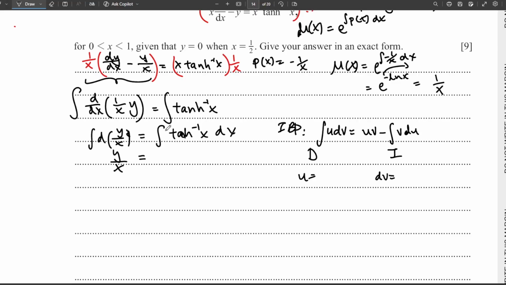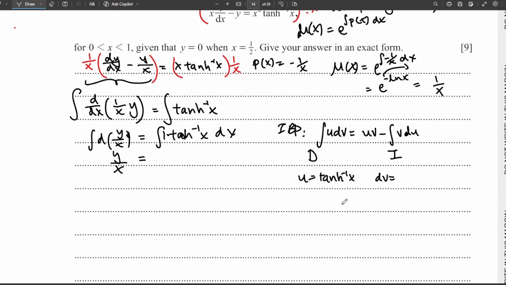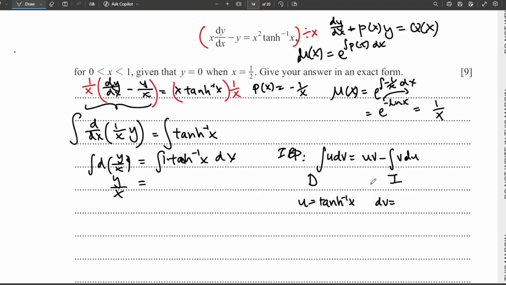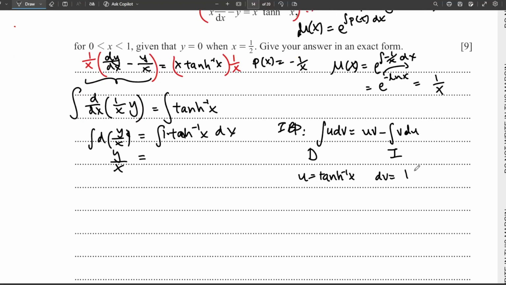In this case, we can take it as 1 multiplied by inverse hyperbolic tangent. The inverse hyperbolic tangent is the one that we don't know how to integrate, so definitely we cannot put it as the dv. So we put it as the u, so that we can differentiate it and use the result from the previous part of the question, and dv we just put as 1.